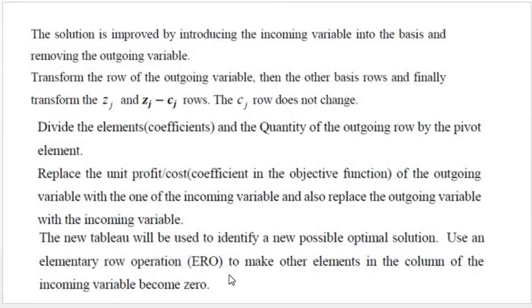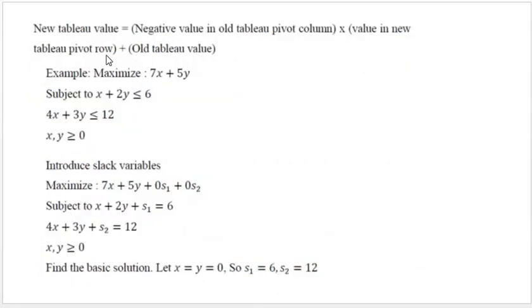We can use elementary row operations to get new elements in the columns corresponding to the variables, or you can use the formula: new table value equals negative value in old table pivot column into value in new table pivot row plus old table value.